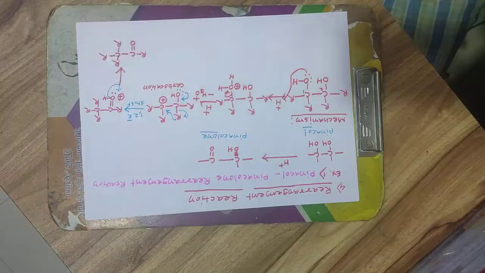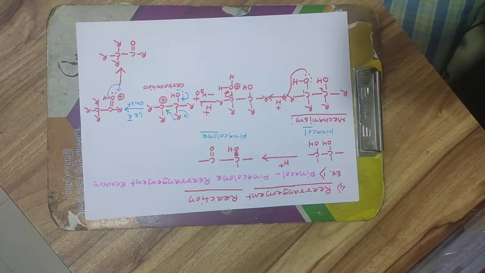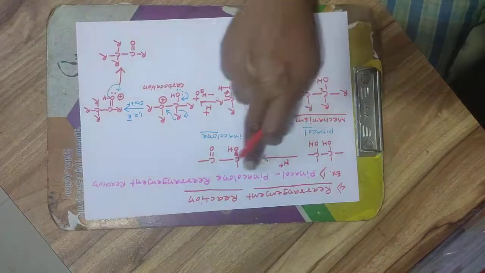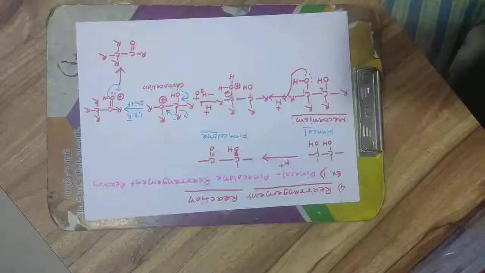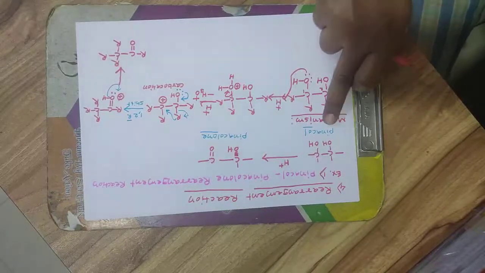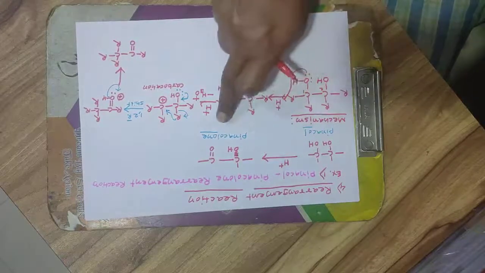So this is the mechanism of the reaction. In the second term, we have a separate topic on rearrangement reactions, where we will see a number of examples of rearrangement reactions. This is one example of a rearrangement reaction, the pinacol-pinacolone rearrangement reaction.